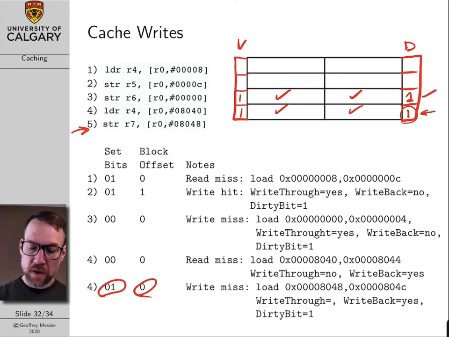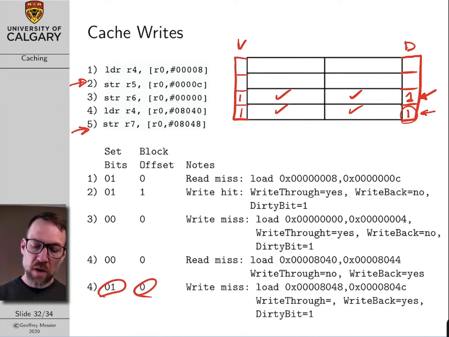And if we look at set 1, it already contains data that was loaded in back with this store word command. And so the tag bits are going to be all 0 from this previous command. So the store word on line number 5 is going to record a miss, and it's going to say, okay, I need to update this cache entry, and then I'm going to change it.